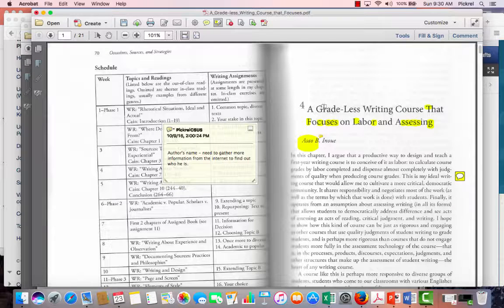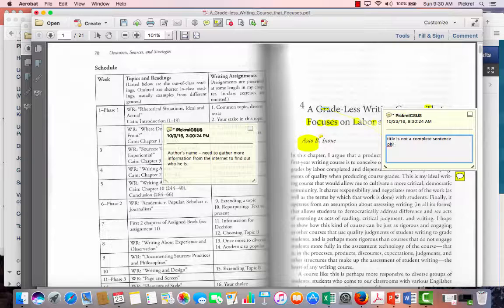The title is not a complete sentence, so I might make a note about that. The title is not a complete sentence. It's a phrase or a group of words that explains what the article is about.